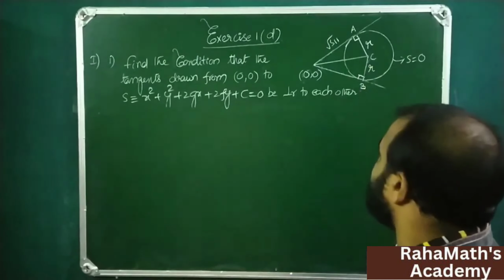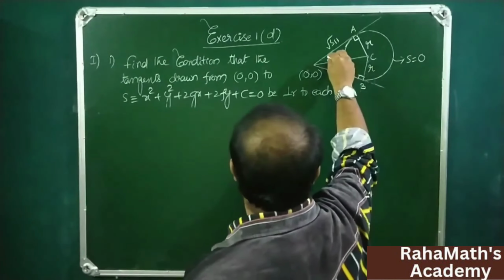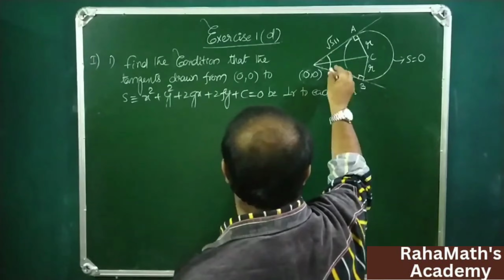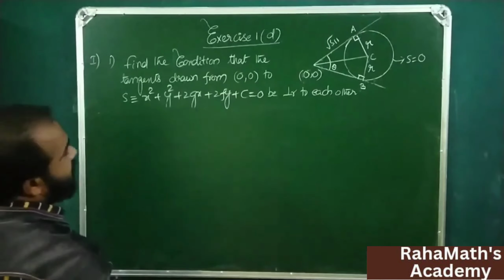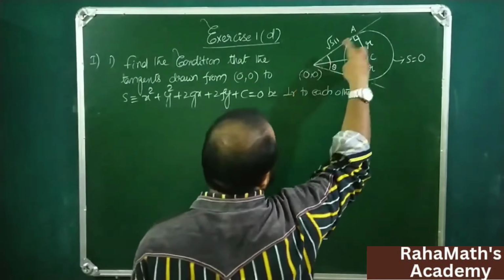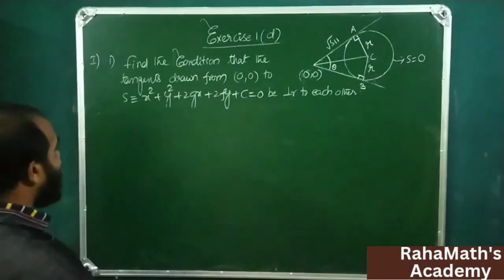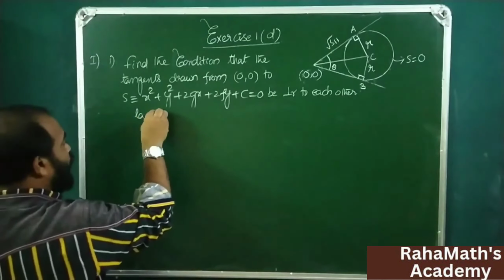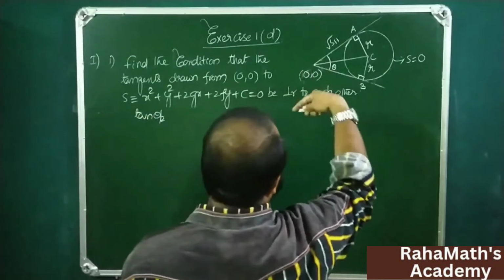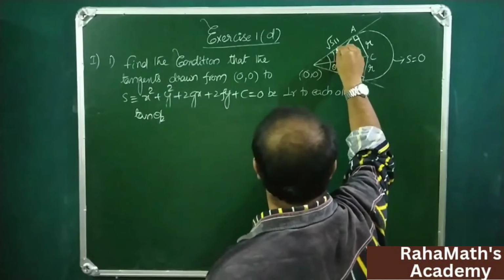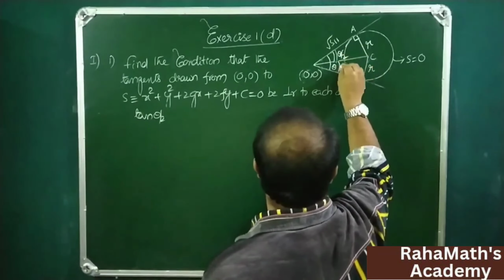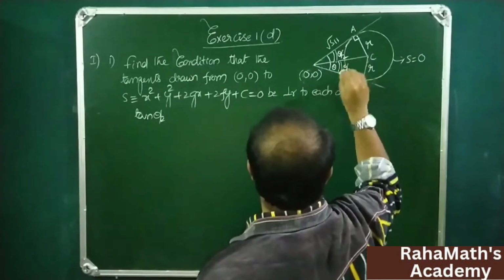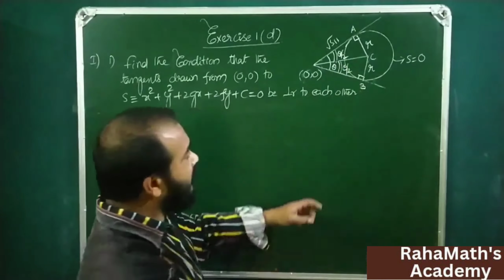So if theta is the angle between the tangents drawn from P(x1, y1) to the circle S = 0, then tan theta by 2. So this is whole theta and this is theta by 2 and this is also theta by 2, that we have seen in the theorem.